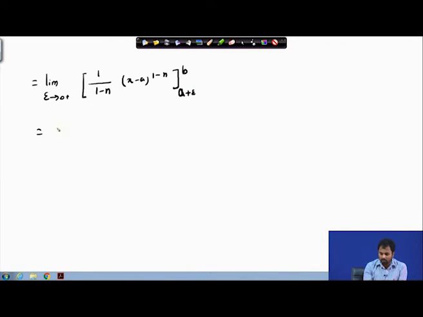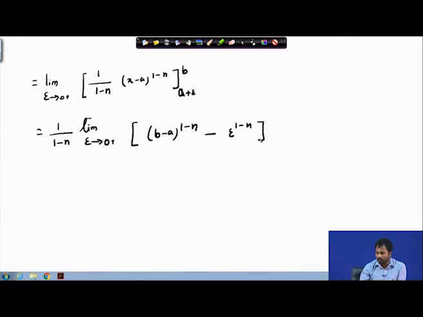And then we substitute the limit. We take 1 by (1 minus n) out first of all, and then we write limit epsilon goes to 0 positive of (b minus a) whole to the power 1 minus n minus epsilon to the power 1 minus n.